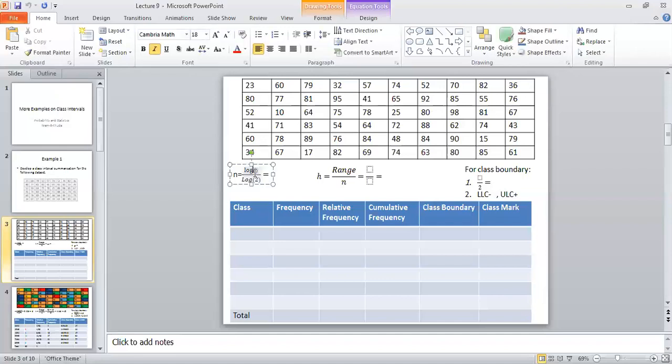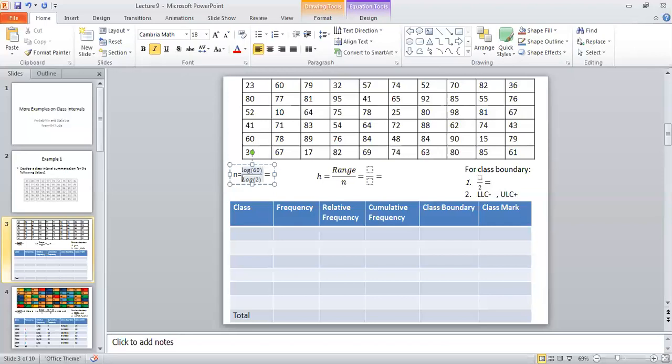It's not a small one, it's a big one, and that means the data set size is quite big over here. So we'll just put log 60 upon log 2. What is log 60 upon log 2? We do the simple calculation, and the answer that we get is 5.906.